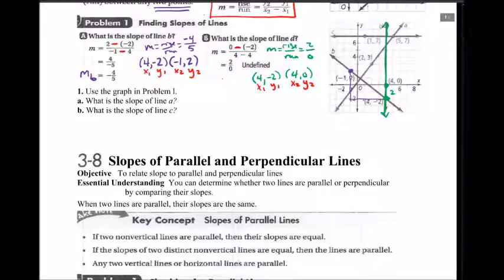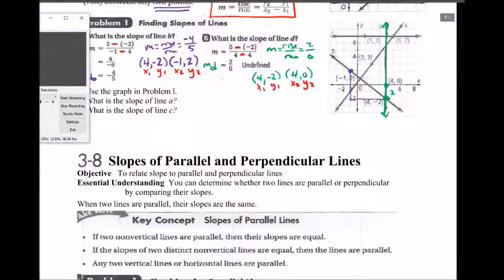Minus a negative is plus a positive. And x2 minus x1, and we get the same thing. So for this one, the slope of line D equals 2 over 0, undefined. All right, so this should just be a review. So go ahead and pause the video and do the next couple of problems.